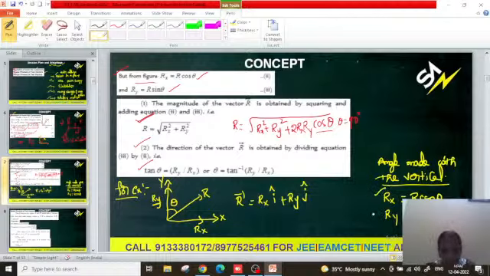So we must be careful, angle made with the vertical or angle made with the horizontal. As per that, we need to give the components of the vector, where Rx and Ry are components of the vector R.